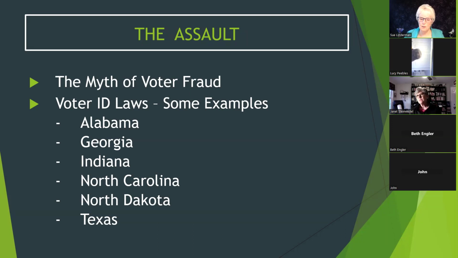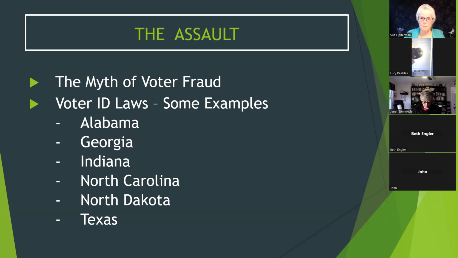And then they tailored the list of vote-worthy IDs for the state to those that Black people are not inclined to have. When that action was appealed, the Fourth Circuit ruled that the law was targeted at African Americans, quote, with almost surgical precision.